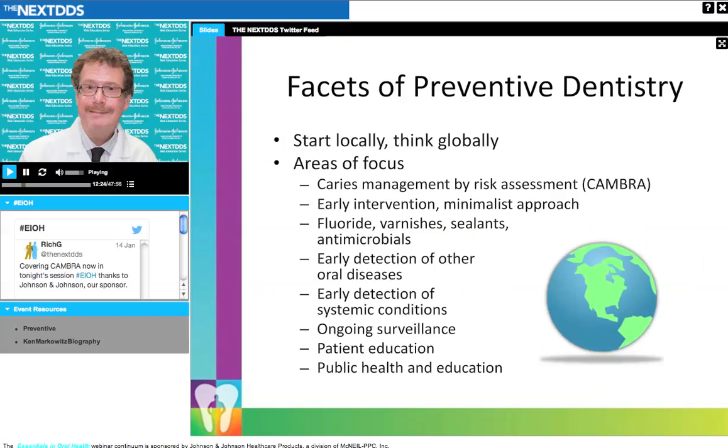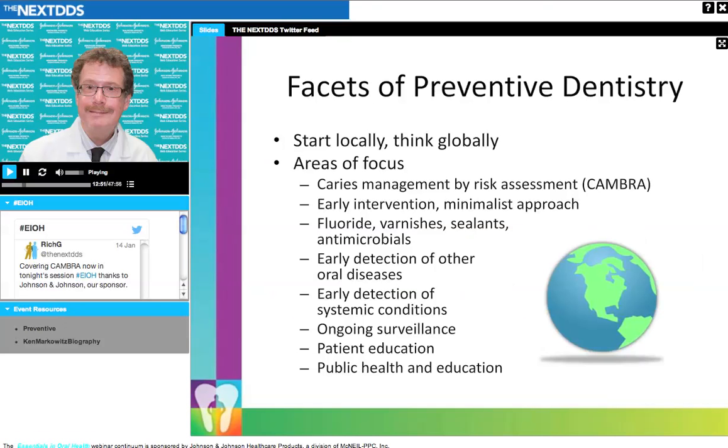I helped design a caries risk management assessment system for our school, and many schools have similar systems. So you treatment plan a patient, and you have to understand the caries risk. It could be arranged so that you may not even be able to do complex dental treatment unless the caries risk is managed.